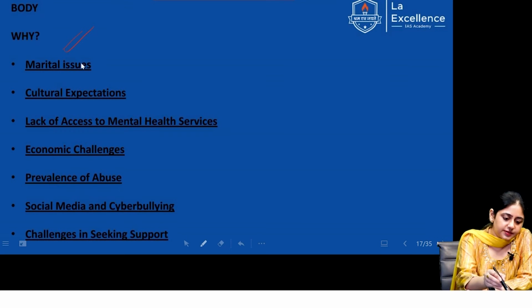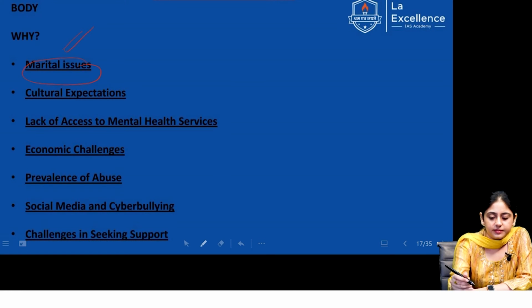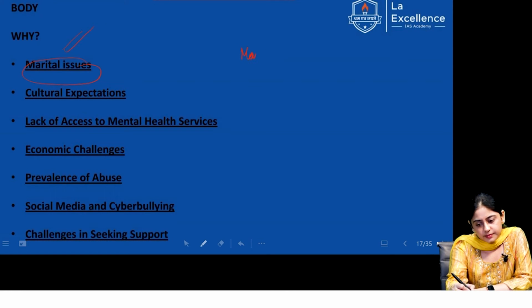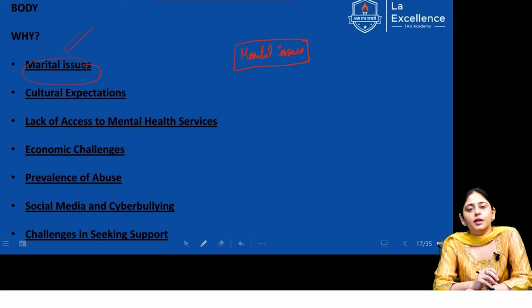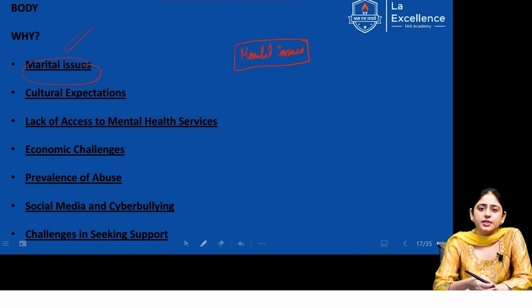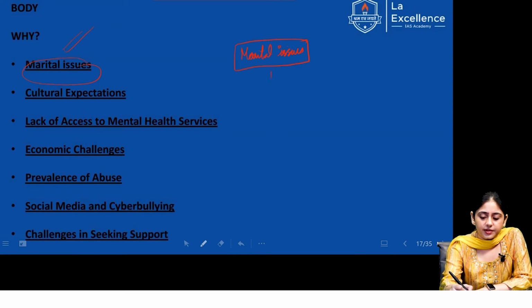So first and foremost reason is the marital issues. So in Indian society, not most, you can say, but a very major chunk of marriages are arranged marriages, right?